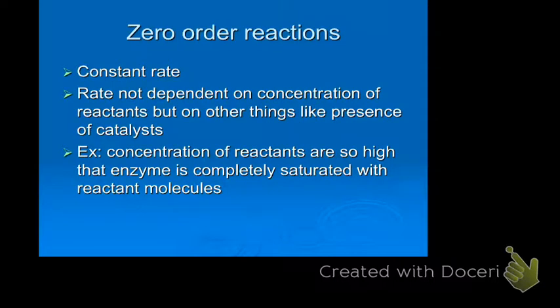So a zero order rate constant means it's at a constant rate. You can keep adding more and more substrate, it will not get any faster. So the rate is independent of whatever the reactants are. And we will see this whenever you get the concentration of the substrate so high that all of the enzymes are already busy. This is a very, very simplified example, but let's say we have 5 enzyme complexes and you add in 7 substrates.